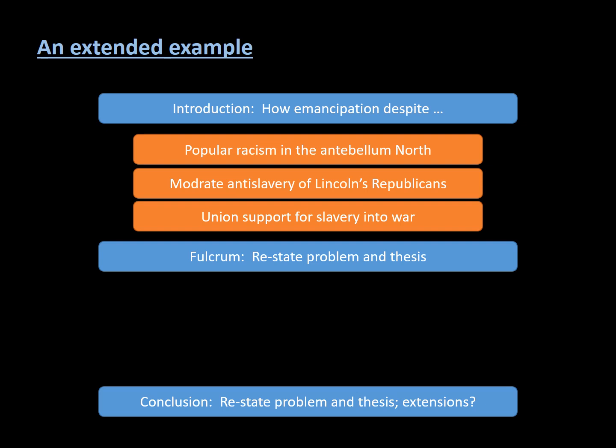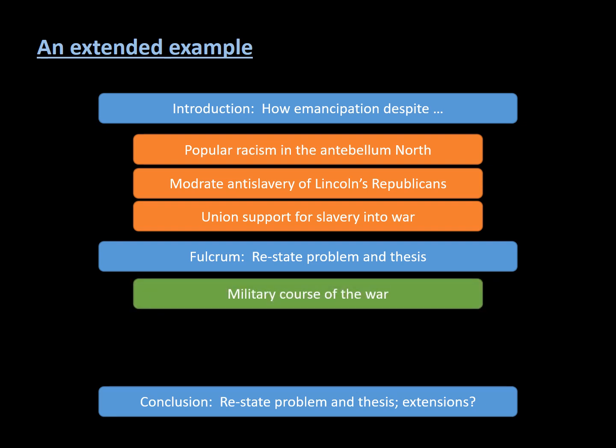And so we're going to run through those in the first part of our paper, and then we're going to hit the fulcrum, which is essentially a restatement of our introduction. It'll be slightly different, as I'll show you an example of that later on. And your reader will now be going, gee, how did we get to ending slavery given all of these things? And then you'll answer with these responses.